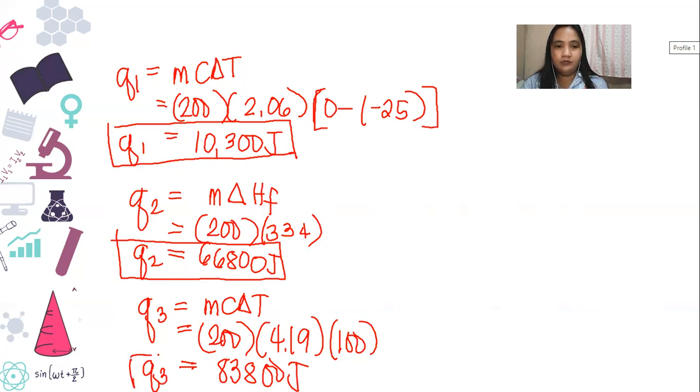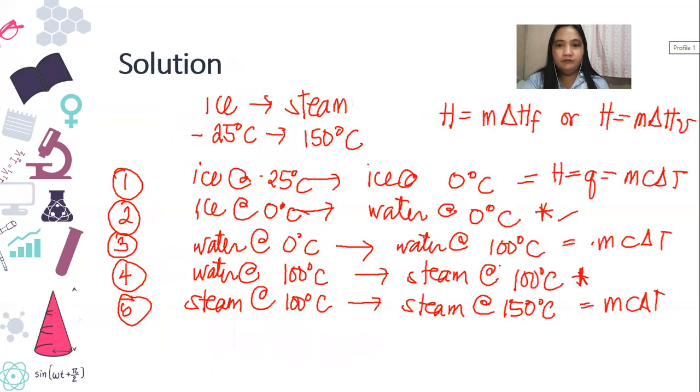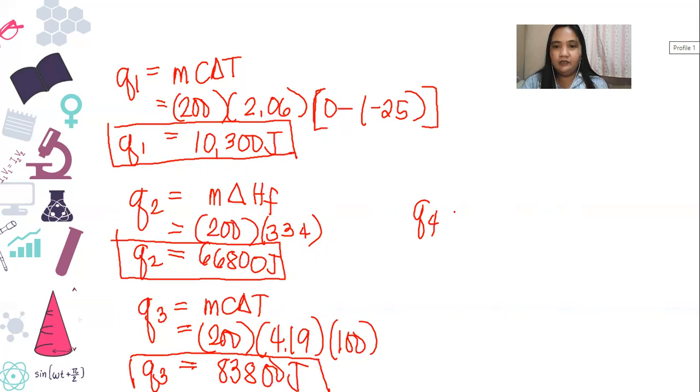I hope you can still see that. There you go. And then for Q4, going back, Q4 is water to steam. So that's heat of vaporization, equal to M delta HV.